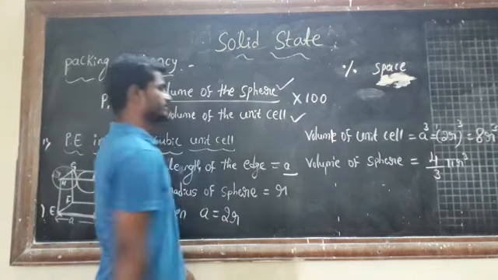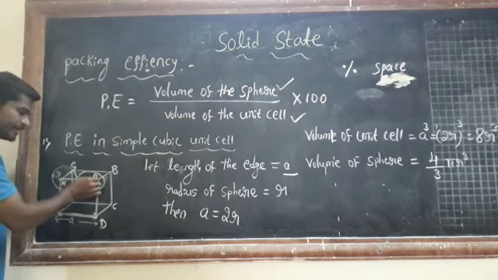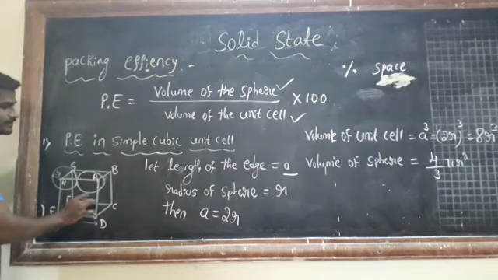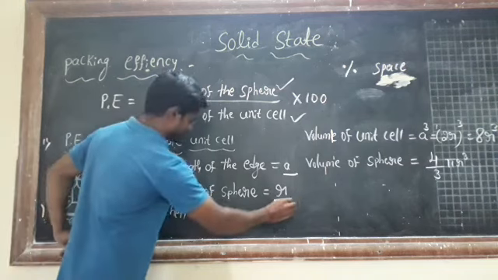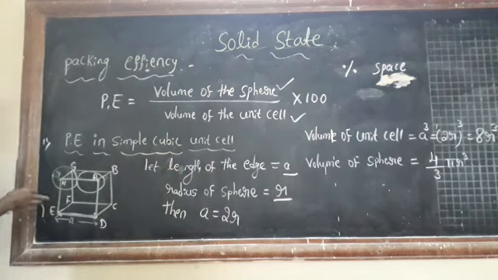Along the edge we have the spheres, that is, the particles which are present along the edge. The radius of the sphere is taken as r.